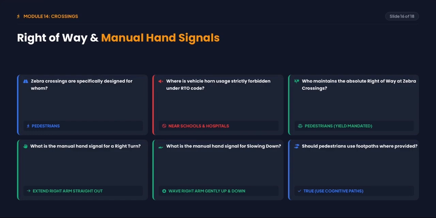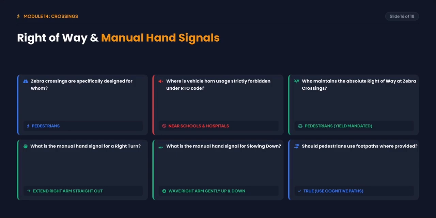Module 14, Right of Way and Manual Hand Signals. Zebra crossings are specifically designed for pedestrians. Where is vehicle horn usage strictly forbidden under RTO code? Near schools and hospitals. Who maintains the absolute right of way at a zebra crossing? Pedestrians.